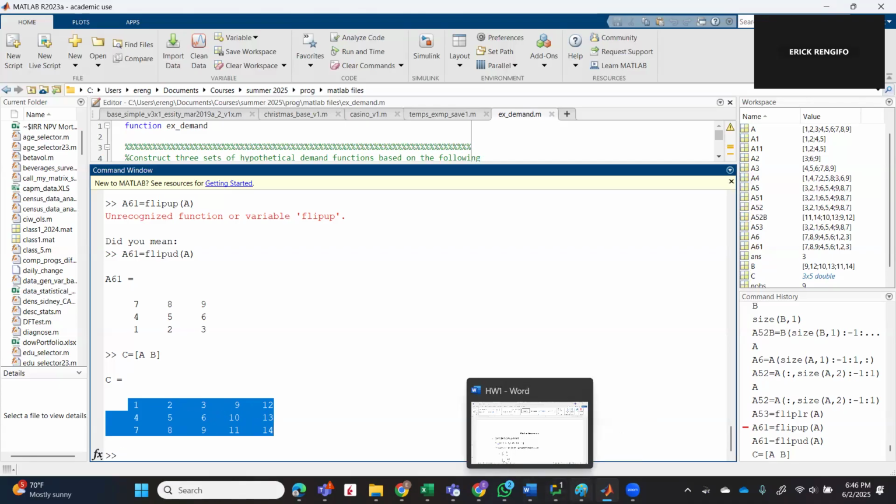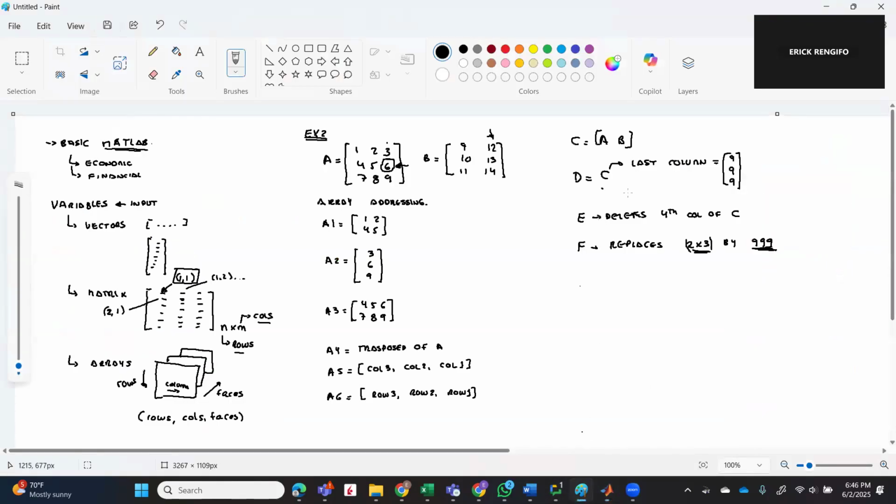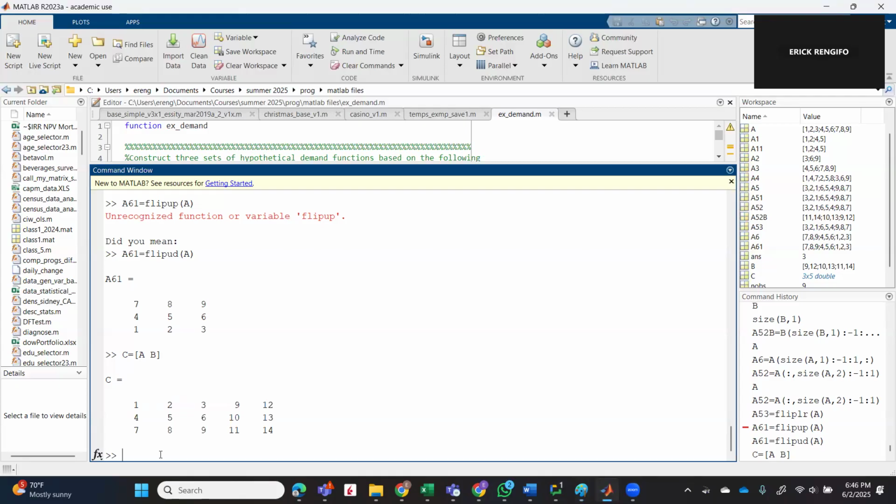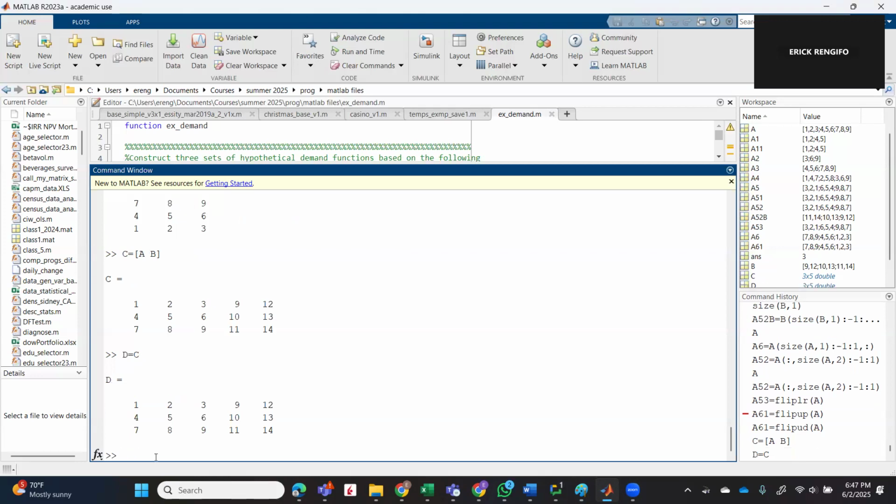Now, what I'm telling you is build D, and the only thing that I want is to replace the last column by 9999. Okay, so let's do 2 steps. Let's do D equals C, right? So I've done nothing. Now I want to replace from D everything, comma, 5, to be equal to what?